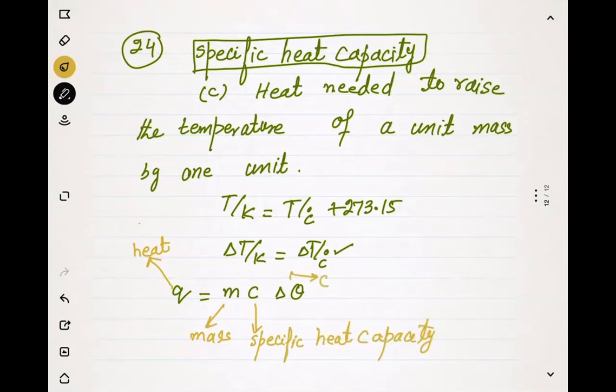And delta theta is change in temperature. And change in temperature, if you give it in degrees Celsius or you give it in Kelvin, has the same value. Because the change is the same, though the values are different.